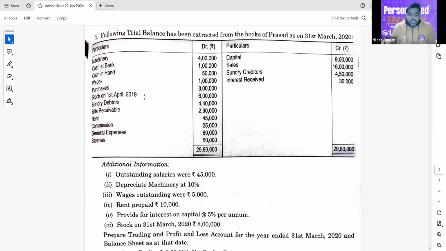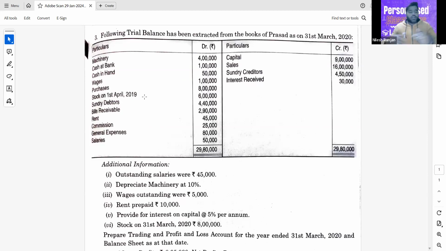Now, additional information is given. Outstanding salary was 45,000. Depreciate machinery at 10%. Wages outstanding were 5,000. Rent prepaid rupees 10,000. Provide for interest on capital at the rate of 5% per annum. Stock on 31st March 2020, 8 lakh. Prepare trading and profit and loss account for the year ended 31st March 2020 and balance sheet as at that date.